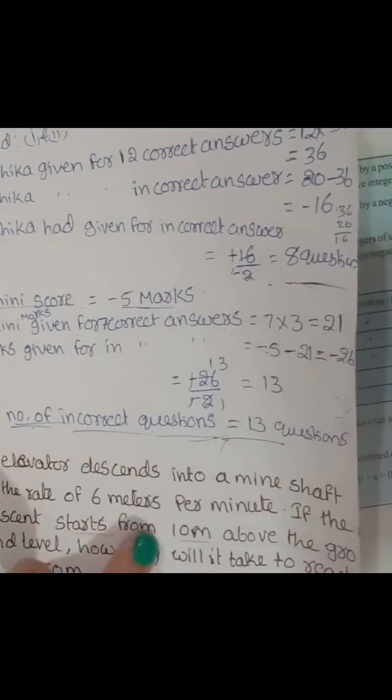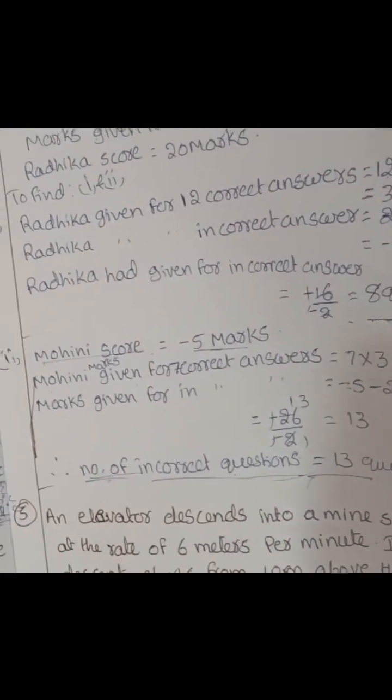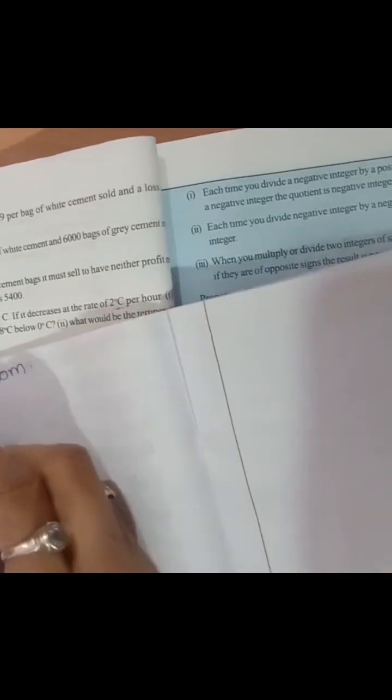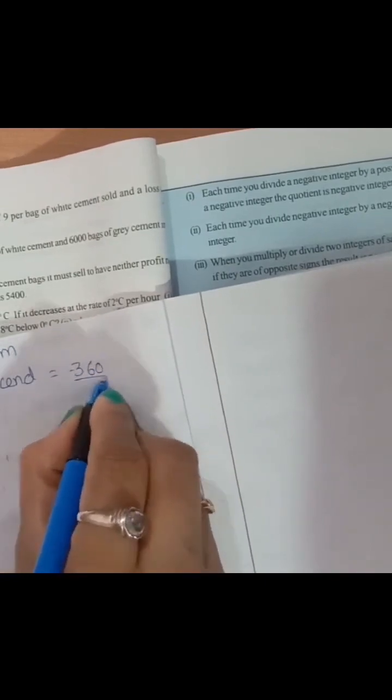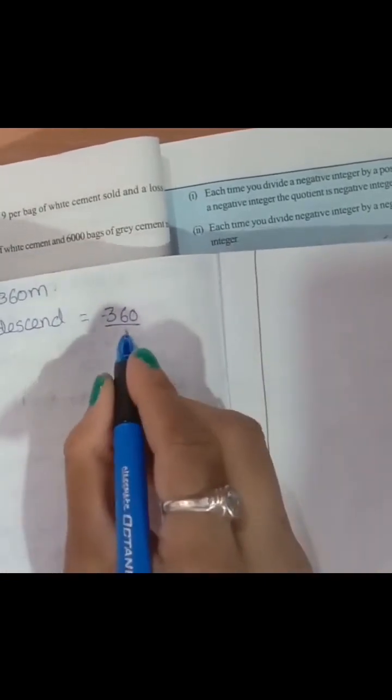Here it is per minute, equal to 6 meters. The total time to descend equals minus 360 divided by 6 meters per minute.